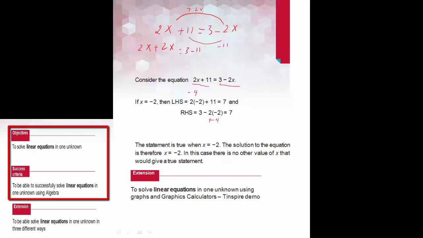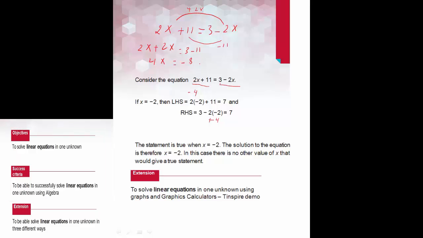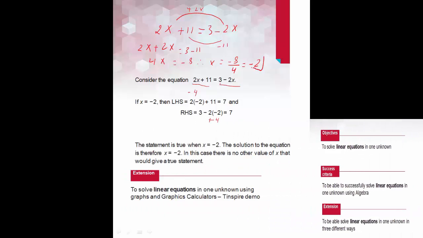Then what we are getting is 4x equals minus 8. Therefore, x equals minus 8 divided by 4, which is negative 2. Same as what we got there. So there's only one solution.